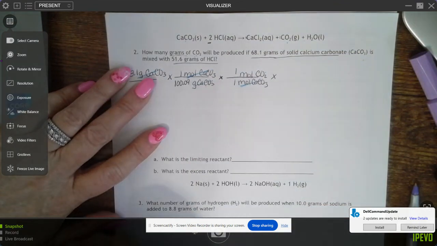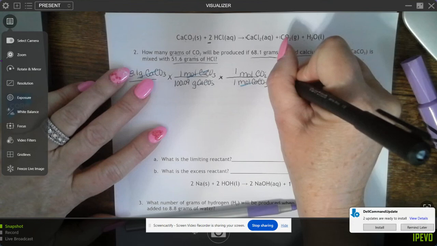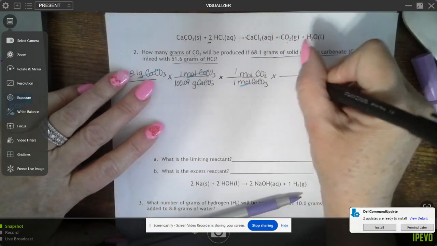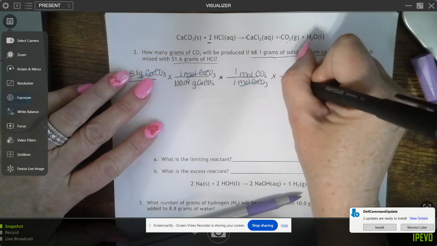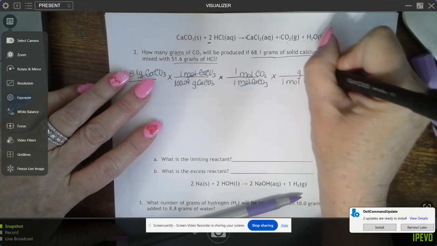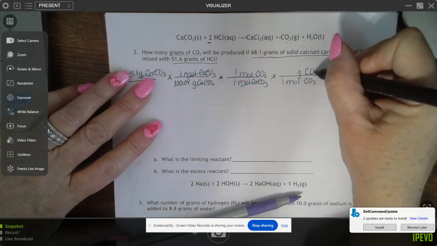And then the final step is to convert from moles of carbon dioxide to grams of carbon dioxide. So that means we have 1 mole of carbon dioxide on the bottom, and on the top, we want the grams of carbon dioxide.